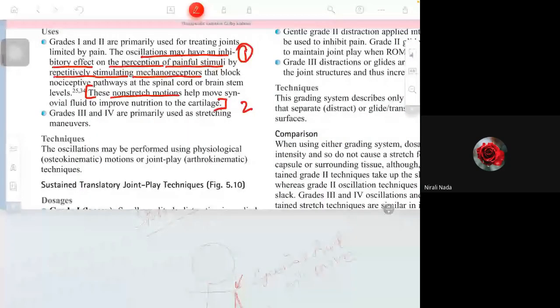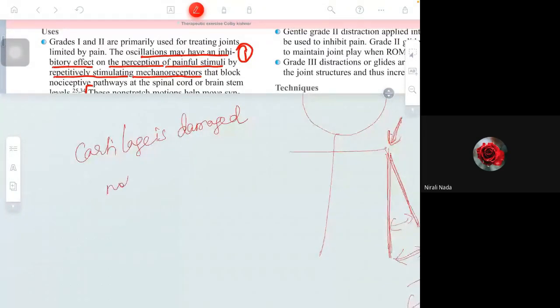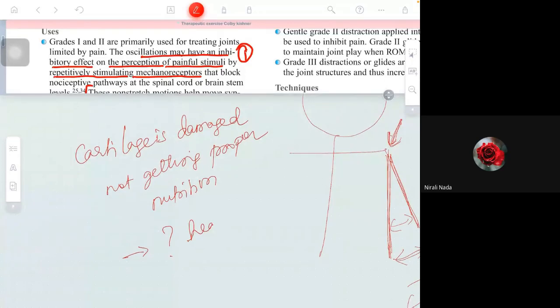Move the synovial fluid and it improves the nutrition. It improves the nutrition to the cartilage. Suppose if cartilage is damaged, clear, and it is not getting proper nutrition, so will it heal or not?